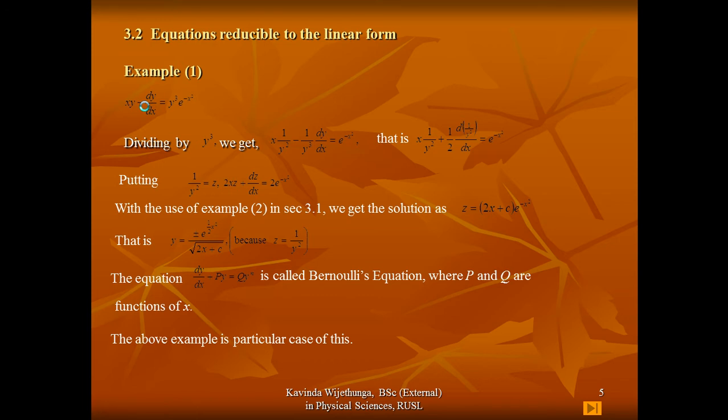So if we have Bernoulli equations, we got this z equals 1 over y squared, but you don't know why we use it.